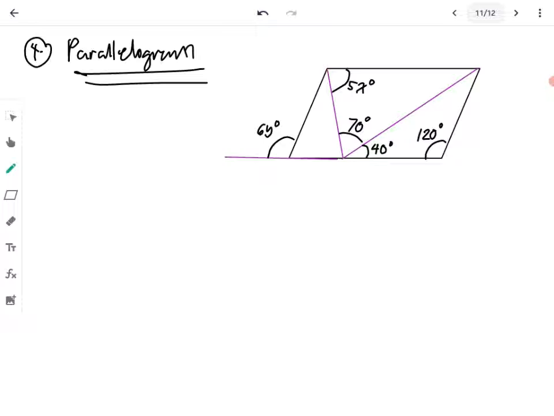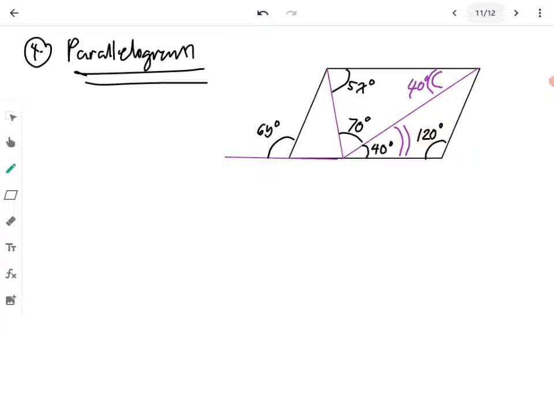So that, in geometry, and in mathematics in general, we can have multiple ways of solving a problem. So notice that this must also be 40 degrees because they are alternate interior angles.